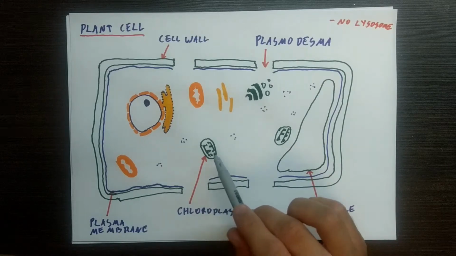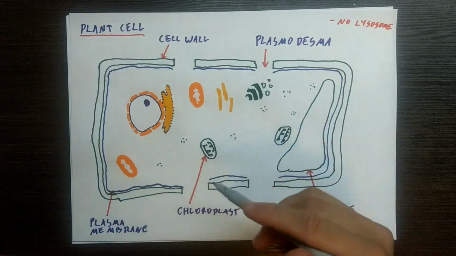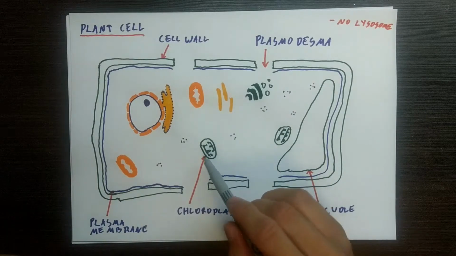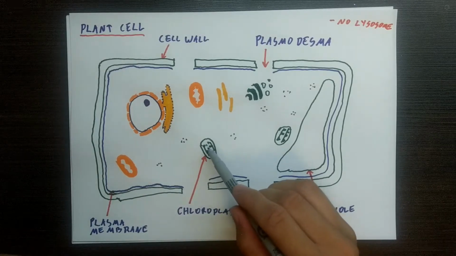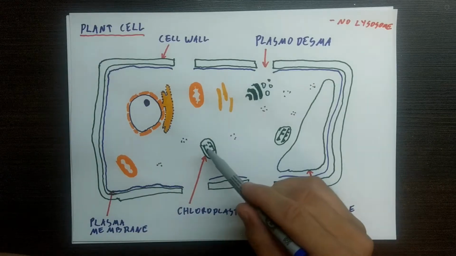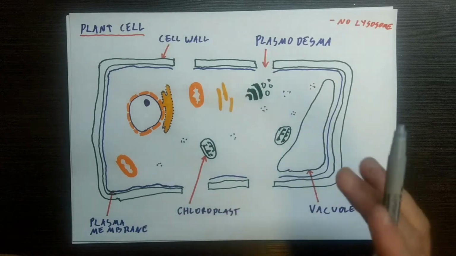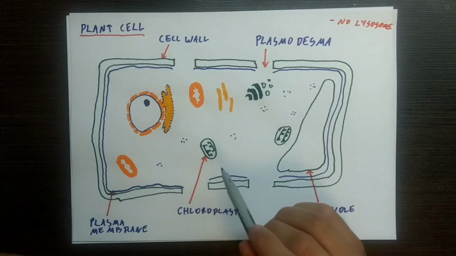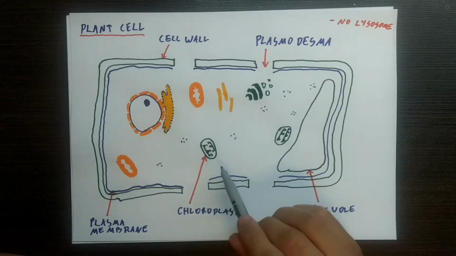These are green because they absorb the sunlight, and they have these little stacks here, the thylakoid stacks, which form grana, and they're joined by lamellae, and these actually do the photosynthesis. There is more involved, that's for another day, but okay, so chloroplasts are involved in photosynthesis.